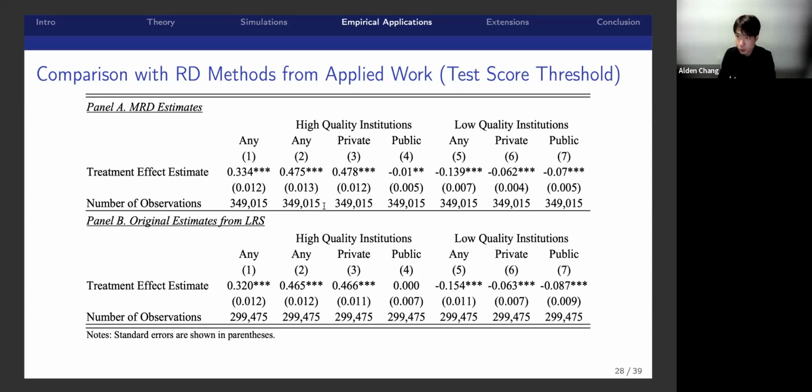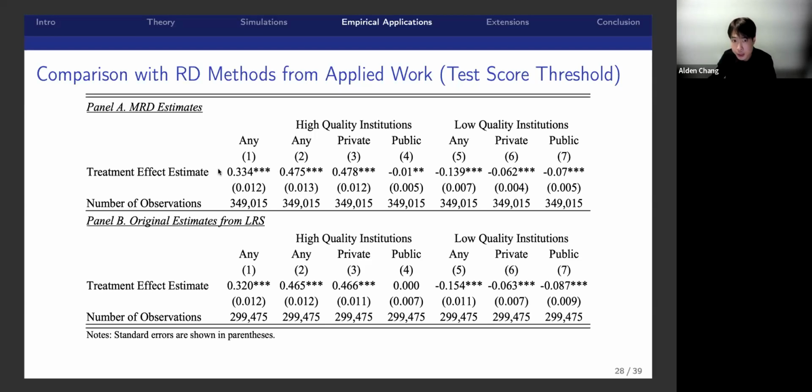So let's now show some results. The first thing I'll do again is compare my MRD estimates to estimates using the single-dimensional methods. In particular, I'll compare them to the original estimates from the paper by Londono-Velez et al. Here we have the results along the test score threshold, one of the two segments of the treatment frontier.